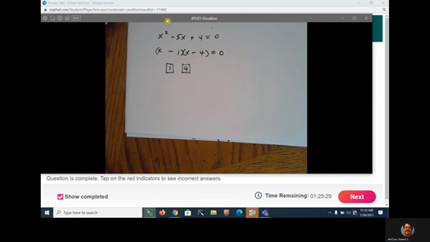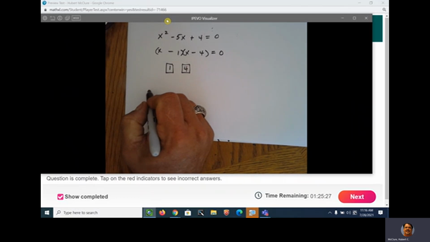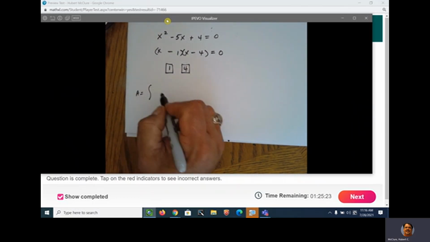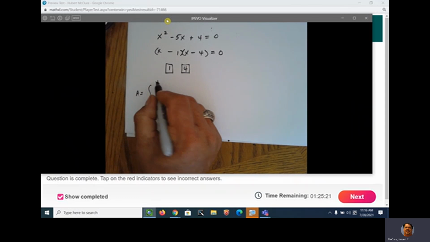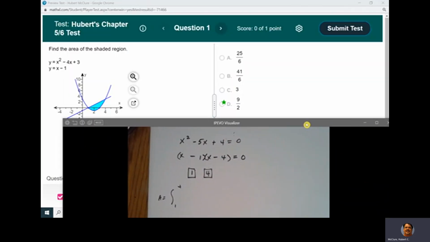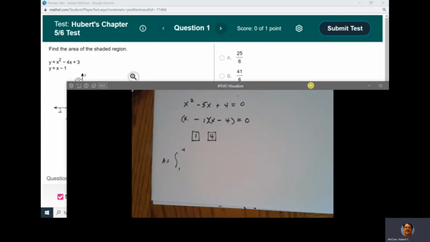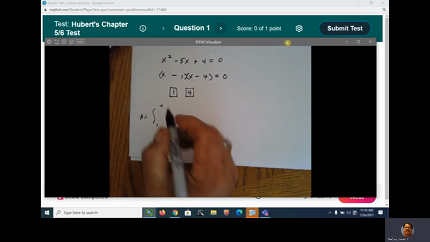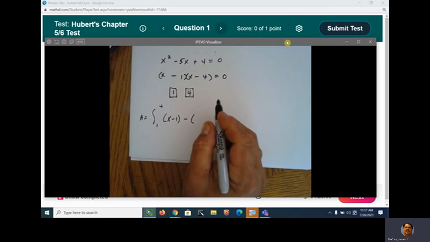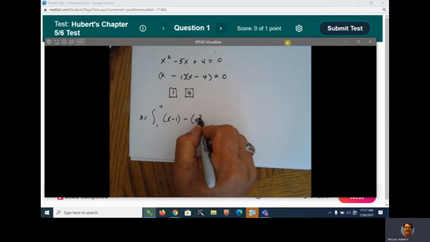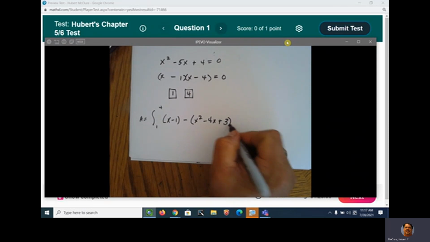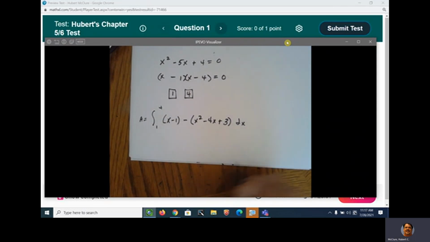So area is equal to the integral from 1 to 4. And your dominant is going to be the x minus 1. So that's going to be x minus 1 minus x squared minus 4x plus 3 dx.